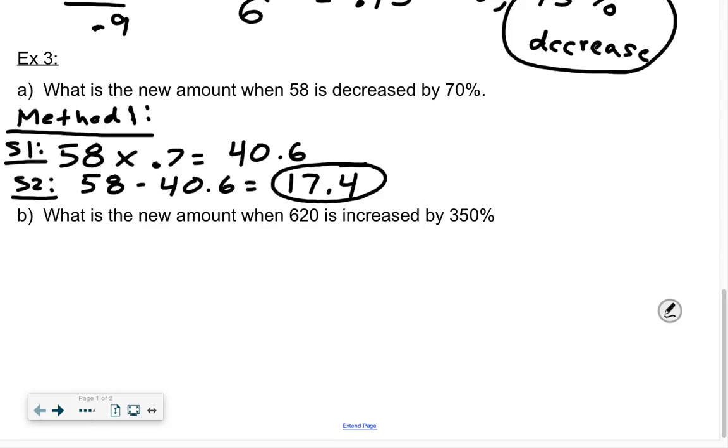Method number 2, I just want to bring this to your attention, because this is the ultimate method that we teach in Math 8. You guys remember this percent of change box?